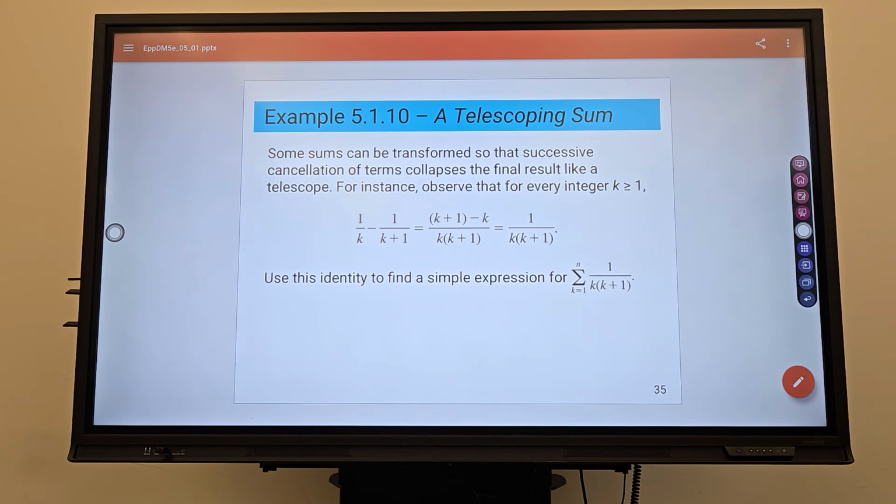For instance, observe that for every integer k greater than or equal to 1, 1 over k minus 1 over k plus 1 equals k plus 1 minus k over k times k plus 1.